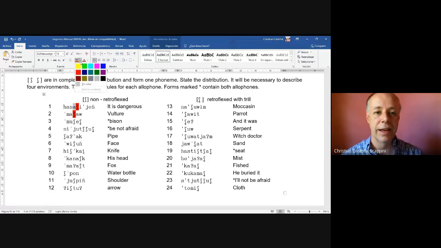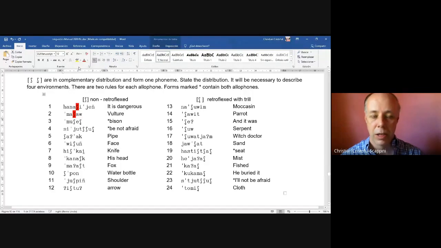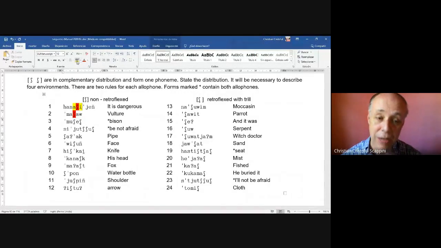This is an adjacent sound, and this one is also an adjacent sound. It happens that both of them are vowels. Let me check in number 2. Yes, the same pattern happens. Whenever we are looking for rules, we're looking for patterns, repetitive patterns.